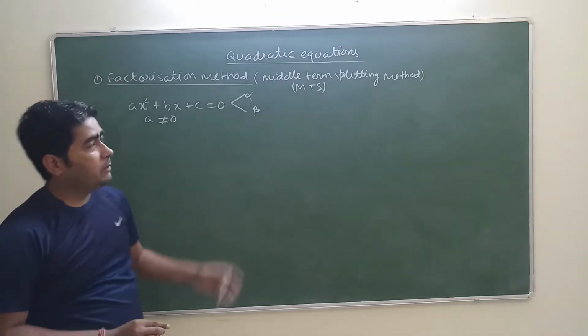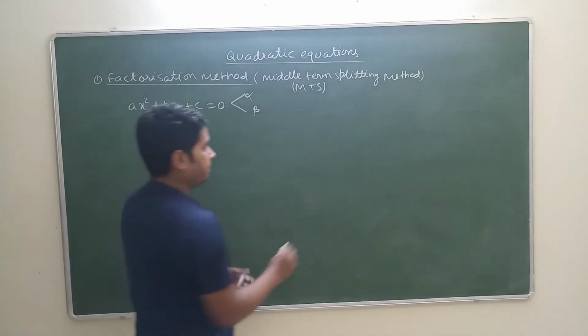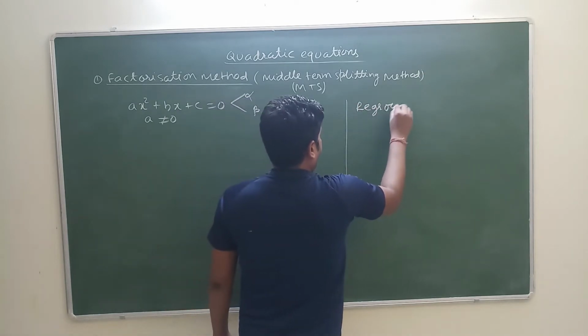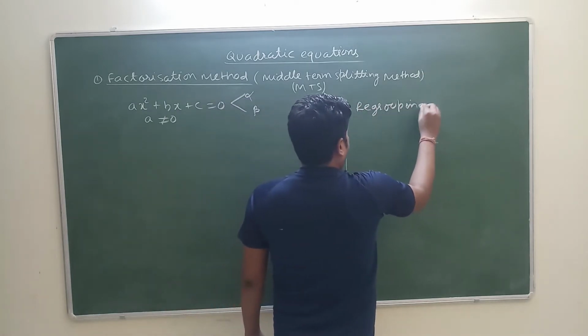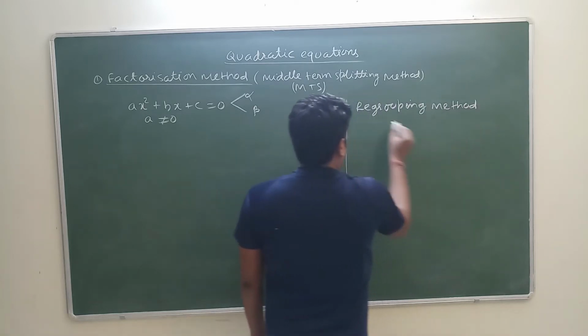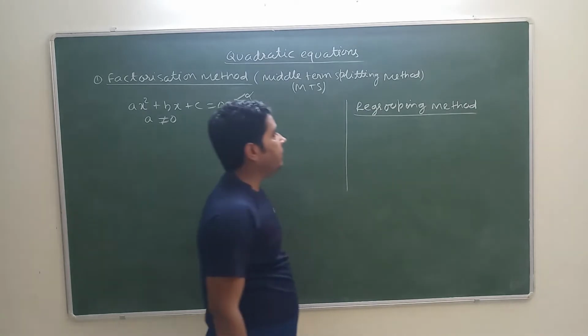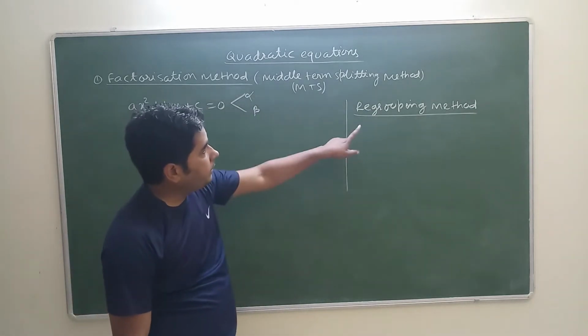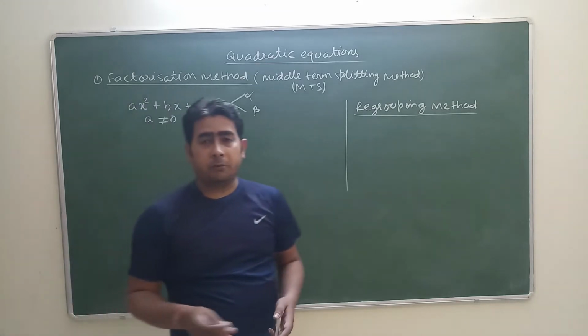This method is very similar to the regrouping method. What is regrouping? It's a method in which we can factorize any given expression. To apply the regrouping method, the number of terms should be even.